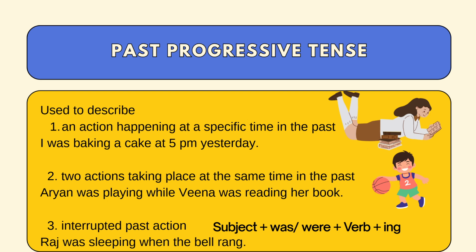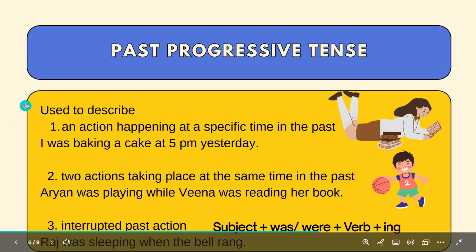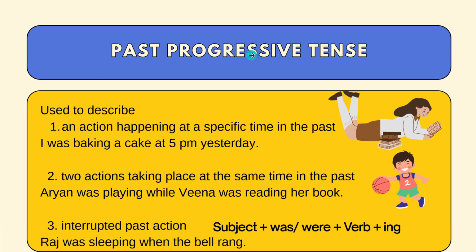This is also used to talk about an ongoing action in the past which was interrupted by another action. Please listen to this carefully again. When we talk about an action that was going on in the past, but it got interrupted or disturbed by another action. So, if you look at the example here, Raj was sleeping when the bell rang.